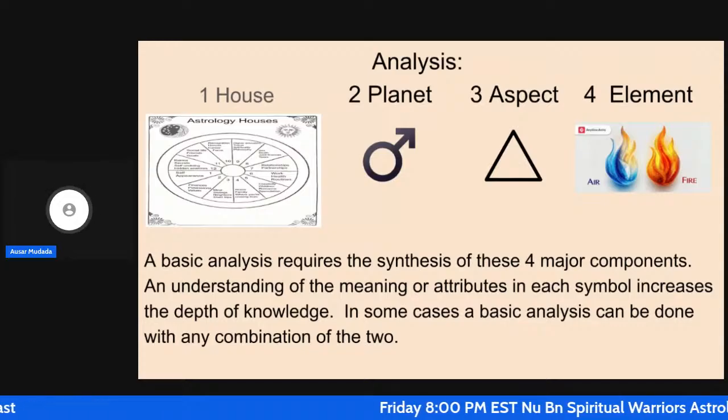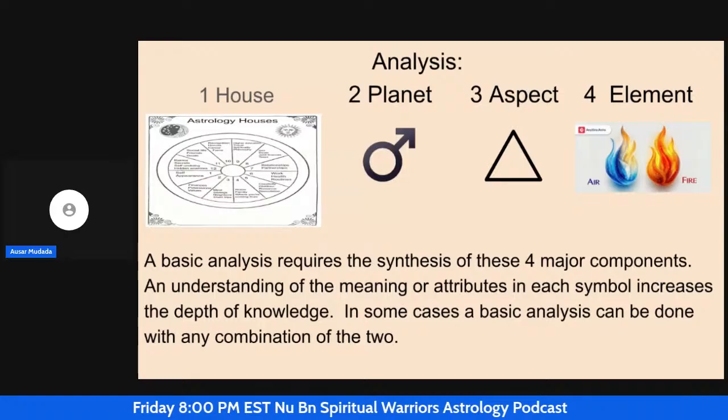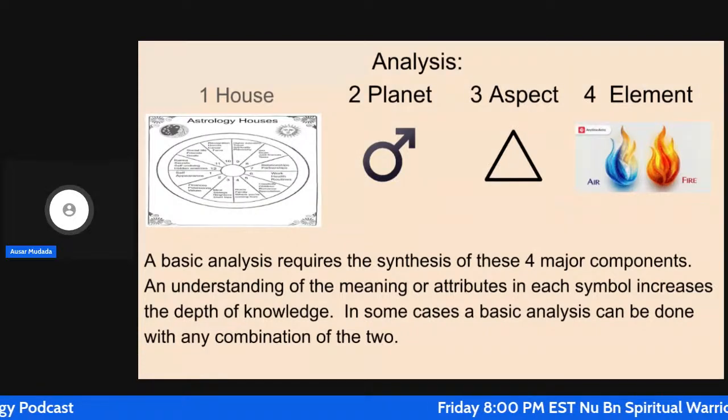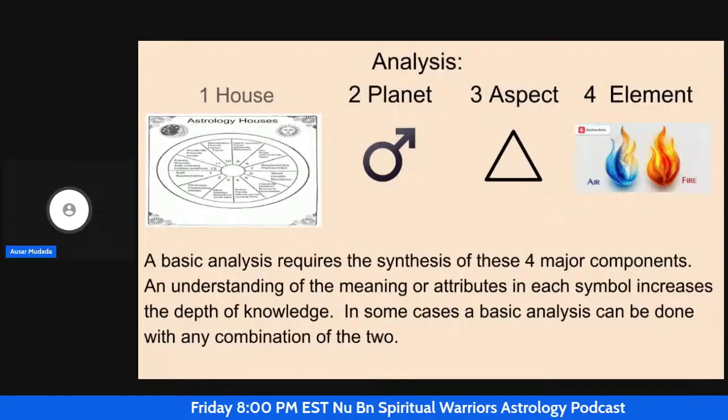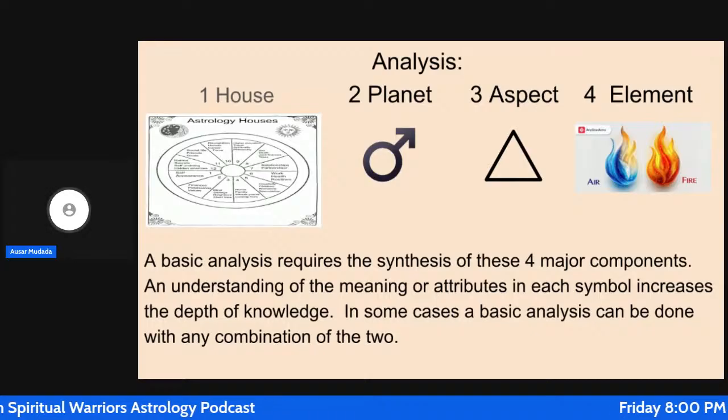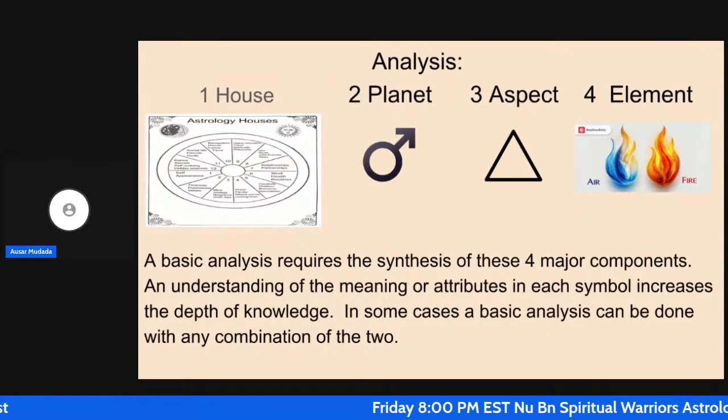So these are probably the first four symbols or language of astrology that you want to get familiar with. But again, sometimes you can do a good analysis with just two. And today we're going to include the astro patterns. They help you with your analysis today.